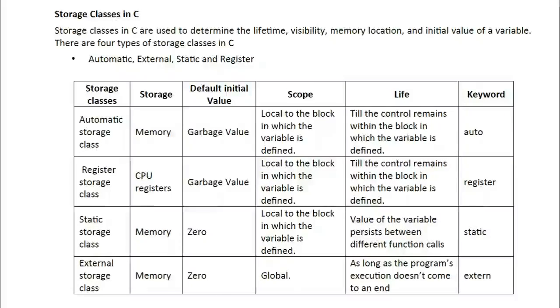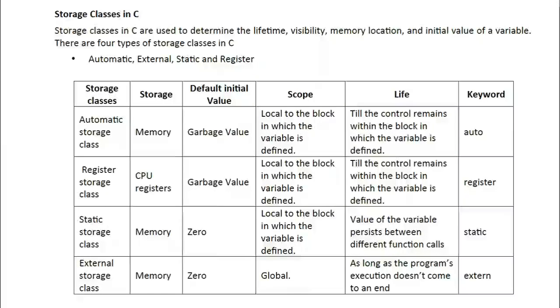The initial value is unknown or garbage for automatic and register storage classes. For static and external, it is set to 0. The scope of the variable is local for automatic, register, and static, whereas global for the external storage class.